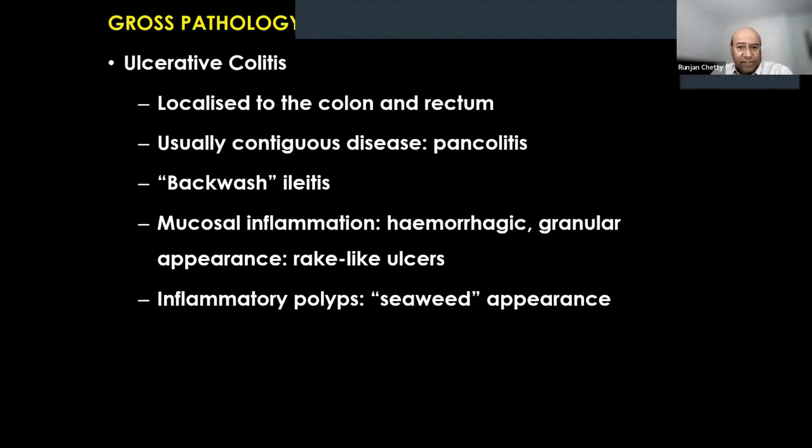The mucosal inflammation here is diffuse, as if a rake has been taken along the mucosa of the colon. It is superficial, but tends to be hemorrhagic and has a granular appearance. A reactive change with pseudopolyps or inflammatory polyps, imparting a seaweed appearance, where the surviving mucosa overgrows and compensates for the ulcerated lost mucosa, is also a very characteristic gross feature.